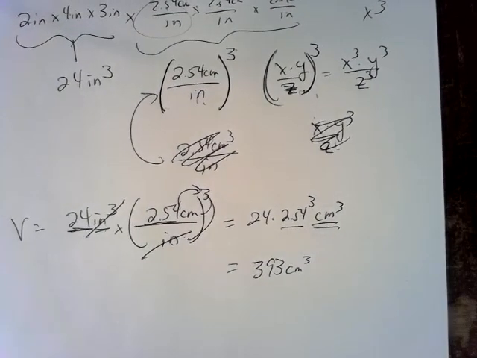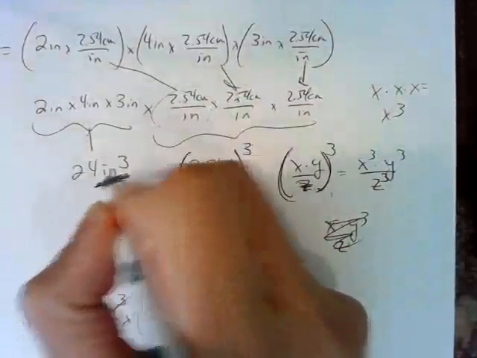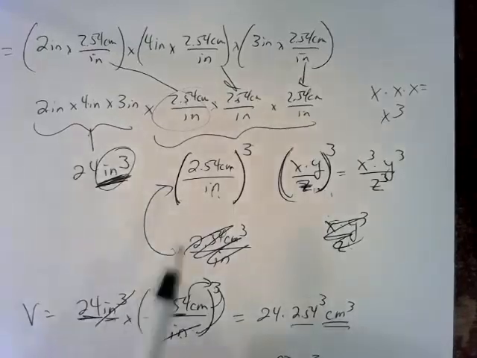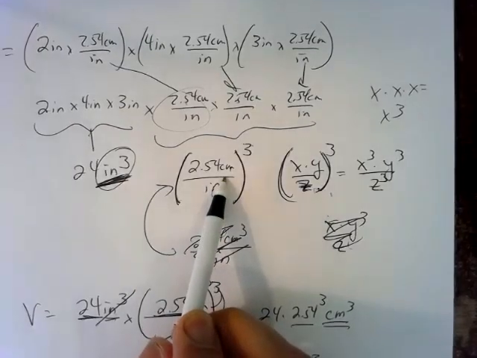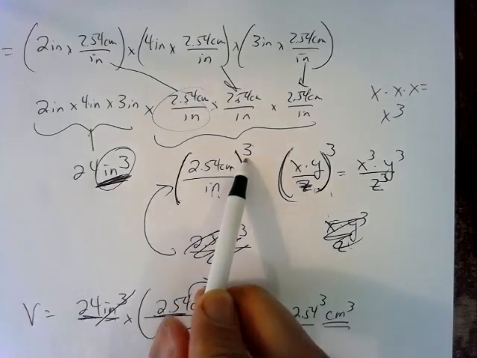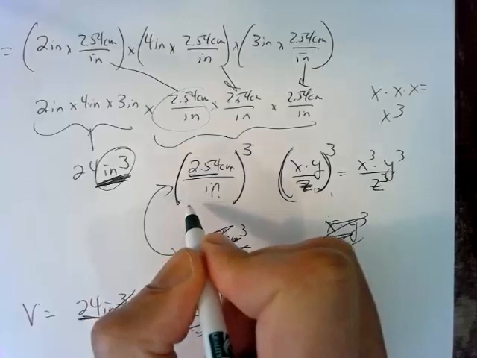So the take-home message here is that when we have units that have exponents on them and we are converting them into different units, we need to cube or square the conversion factor too when we do the conversion.